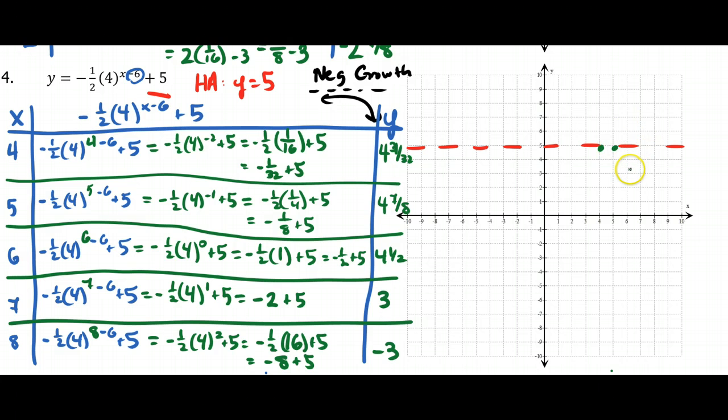Then next we have 6, 4 1/2. 7, 3. And then 8, negative 3. Okay, so we get this as our graph, which again is giving us the shape that we expected of negative growth.